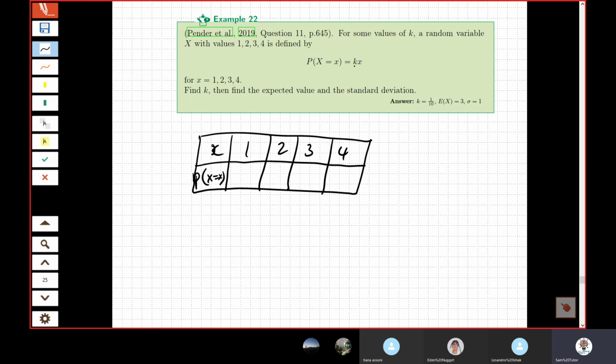So x equal to 1 becomes k, 2k, 3k, and obviously 4k. That's your function. And it says find k, which I think we know how to do. Add these up equal to 1. Find k, find the expected value, find the standard deviation. See if it all works out for you.